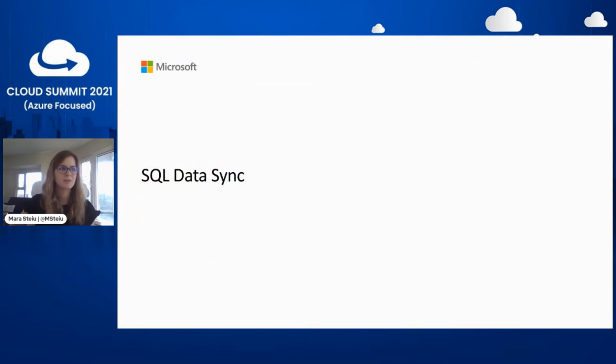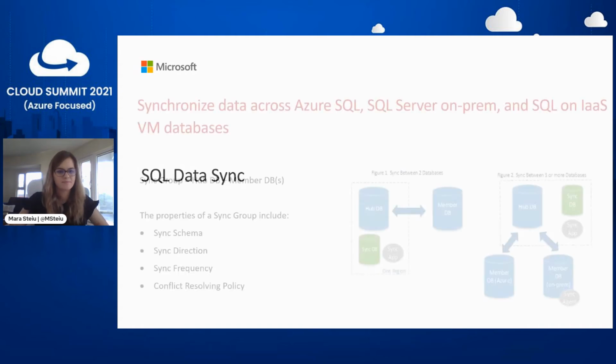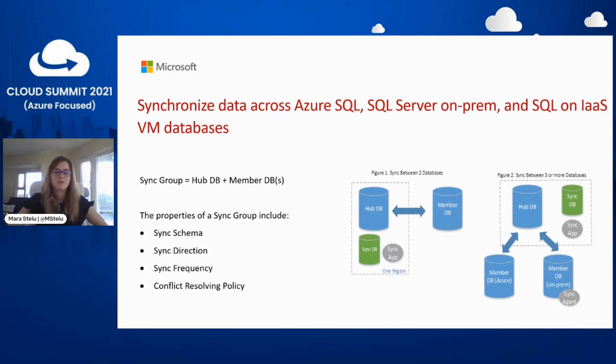So now we are going to look at SQL Data Sync, which is a different replication option, which actually allows both unidirectional but also bidirectional replication. So it allows you to synchronize data across Azure SQL and SQL Server on-prem or on your VM.